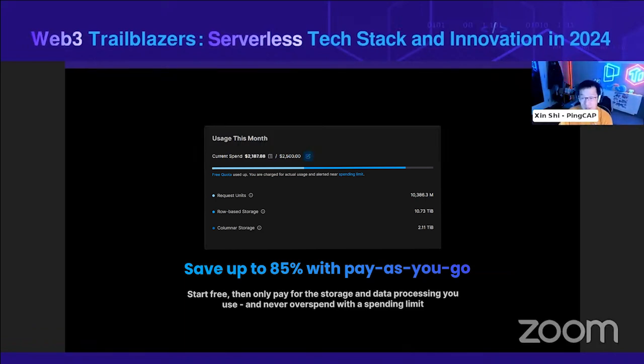One story is that if customers move from the traditional RDS to TiDB Serverless, from the data we observed, they can save up to 85% with our pay-as-you-go pricing. So today, if you try TiDB Serverless, we also offer a very generous free quota. You can start free, and you only pay for the storage and the data processing you use. You never overspend with our spending limit functionality.